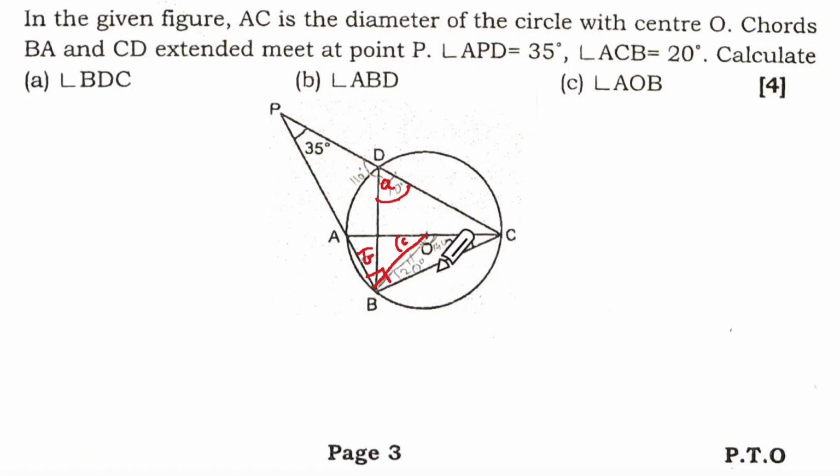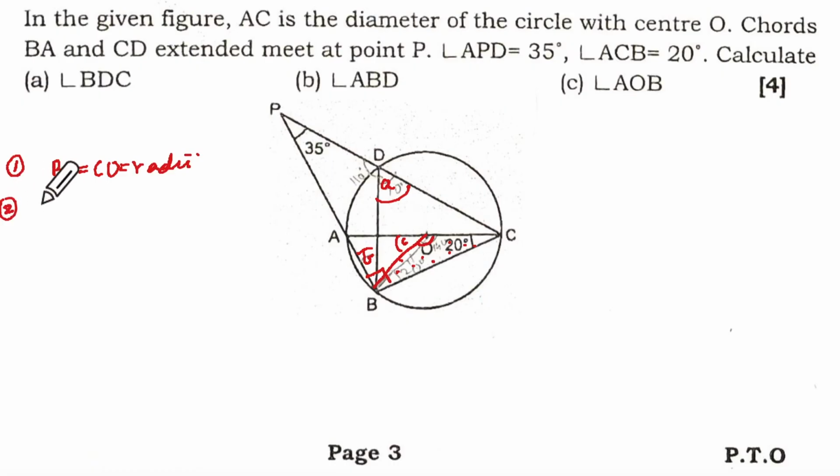So if this is A, I can see that this A is an angle at the circumference. It will be connected with this angle. Agreed? Yes. That means this triangle I have to look at. So what will I say? BO equal to CO equal to radii. Correct? Yes.